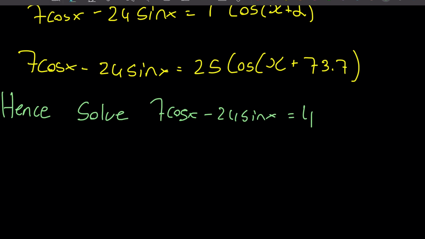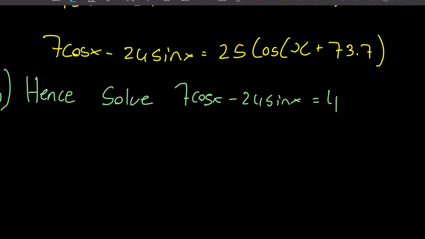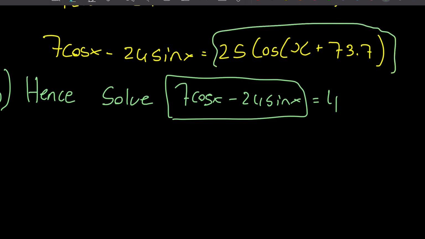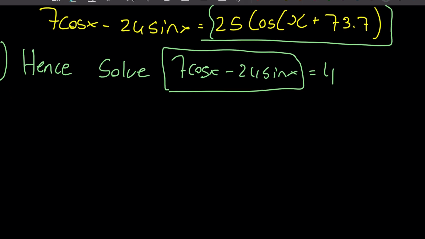So we know that this is equivalent to the form r cos of x plus alpha, where alpha is 73.7. Because these two things are equal, instead of writing 7 cos x minus 24 sin x equals 4, we'll have 25 cos of x plus alpha is equal to 4.